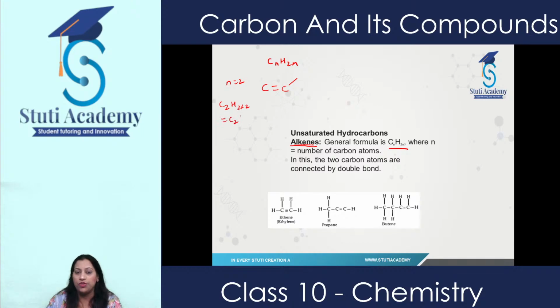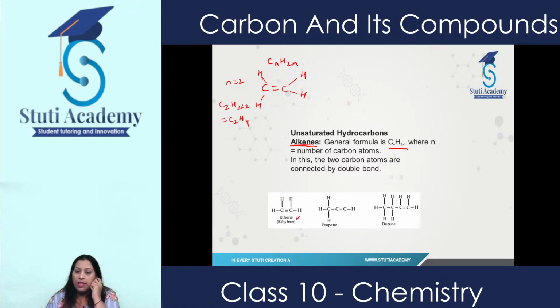So it becomes C2H4. It means two carbon atoms are present and 4 hydrogen are associated. This is how you can write the formula for ethene.